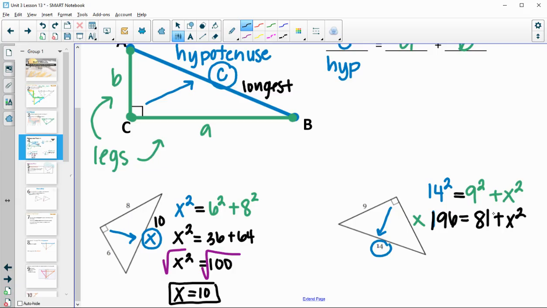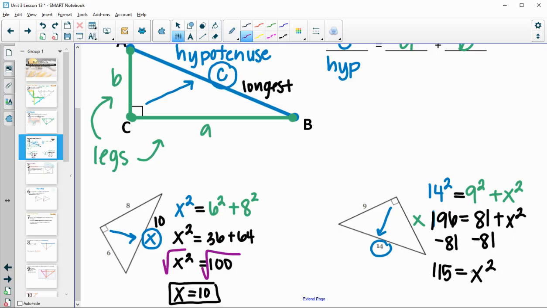Now in this case, our x squared isn't by itself. So we first want to get rid of this 81 by subtracting 81 from both sides. So 196 minus 81 is 115. 81 minus 81 is 0, so we just have x squared.